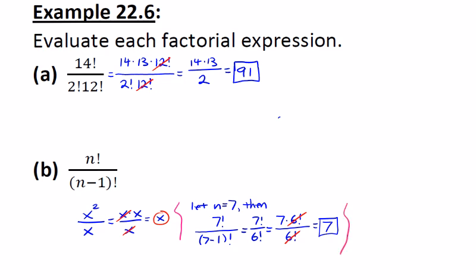If I do this again with a different number, let n be equal to 42, then I would end up with 42 factorial over 42 minus 1 factorial, which is 42 factorial over 41 factorial.